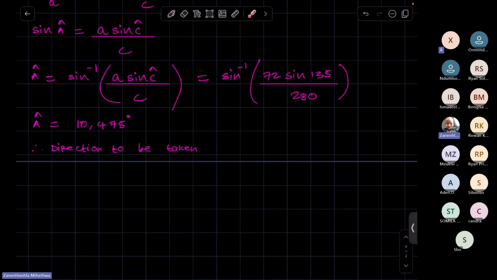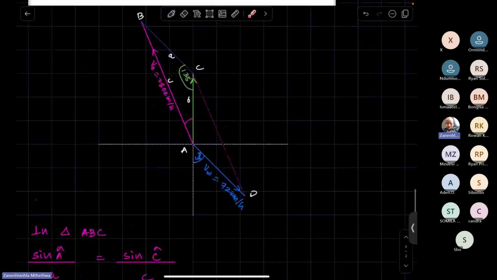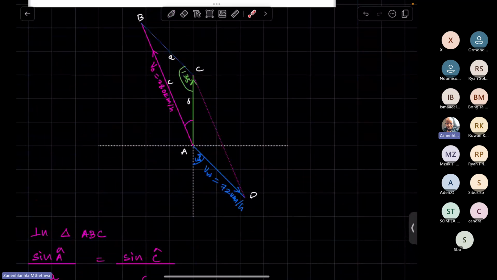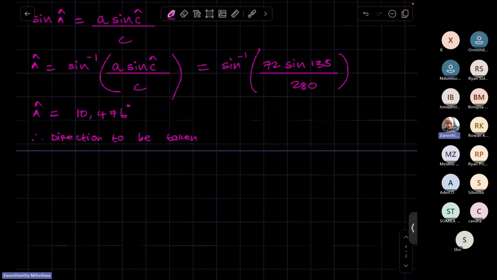If you round it off to 3 decimals, it is 10.476. So the direction to be taken: you look at where this angle is referenced from. It's referenced from the y-axis. The y-axis is going north, and the plane is headed somewhat west. So this is actually north 10.476 degrees west.